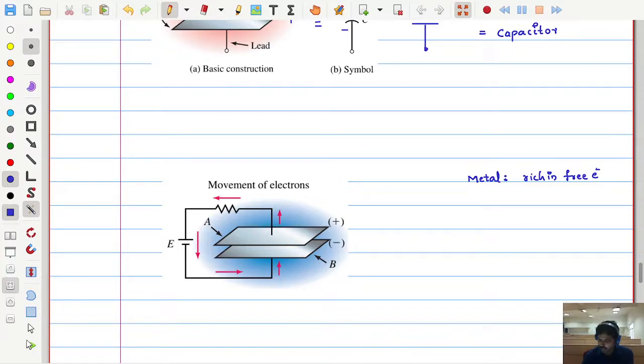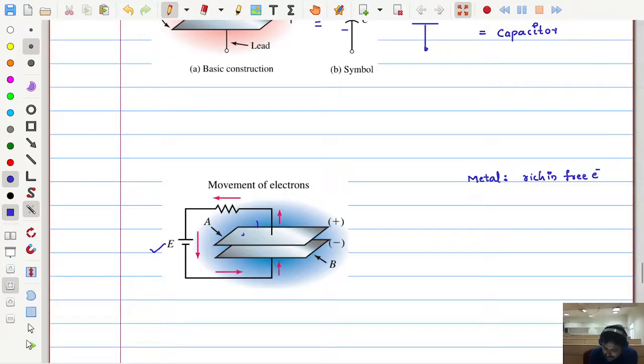So what happens is that when these two metal plates are connected with a battery, these are rich in free electrons. The battery's positive terminal will try to pull all the free electrons.